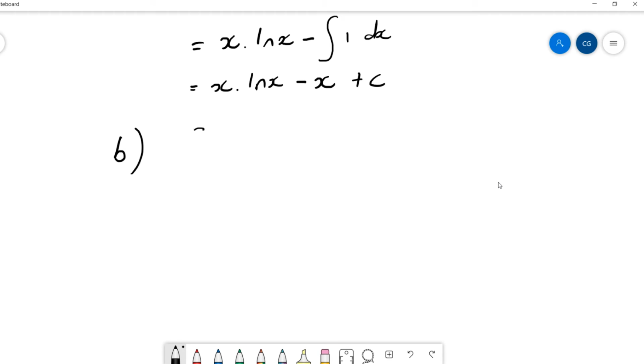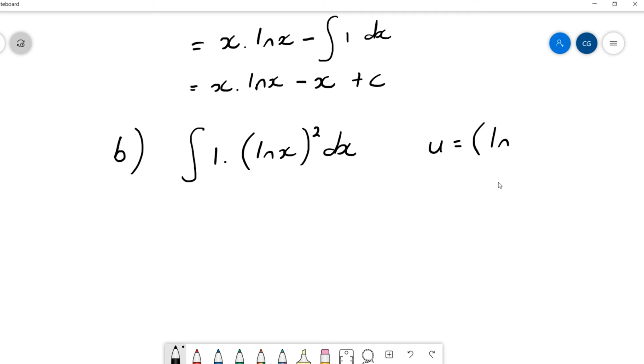So here, again, we've got the integral of, and I'm going to write immediately this 1 times natural log of x squared dx. And I will follow the same procedure, but in this case, I'm going to say let u equal natural log of x squared. And let dv dx equal to 1.